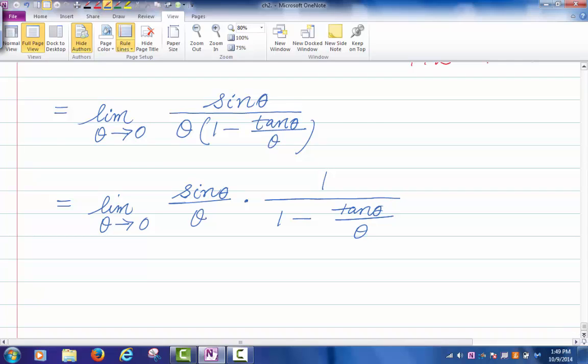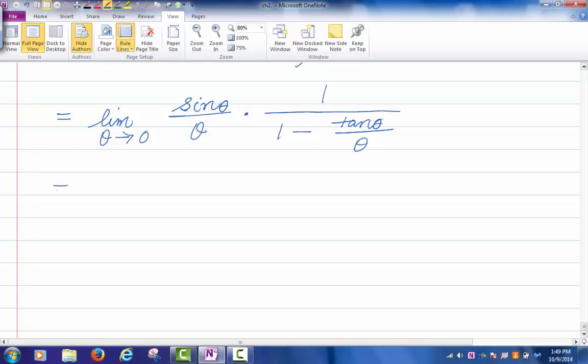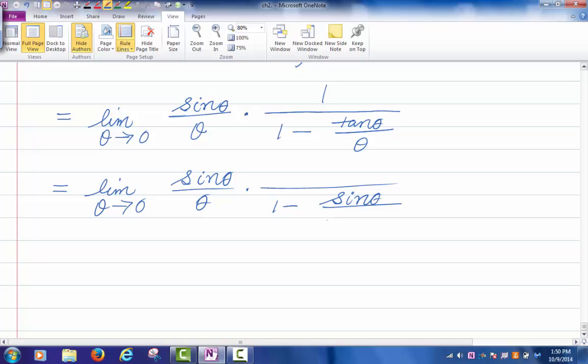Okay. And now I'm going to change tangent to sine over cosine. So the limit as theta goes to 0 of sine theta over theta times 1 over 1 minus, tangent of theta is the same as sine theta divided by cosine theta, right? So I have a theta already in the denominator, so I get this. You agree with that? Tangent is sine over cosine.